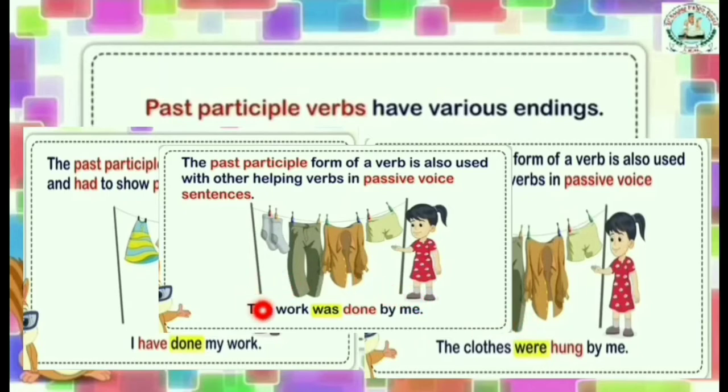And if it is singular, then we have to use the singular form of the helping verb in passive voice. But the participle doesn't change. Done, and here hung. Hang, hung, hung. Do, did, done. I hope it is clear.